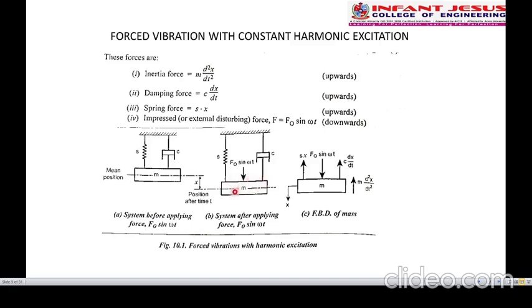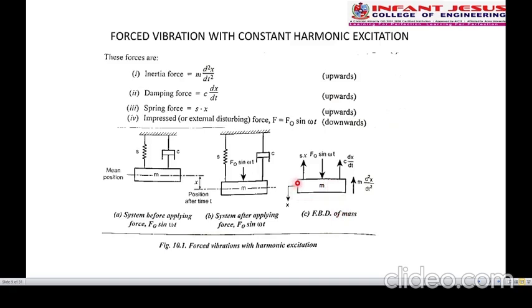Here we are going to solve the forces acting on the mass. We know there is one external force we are applying in the downward direction, and we are going to see what are the other forces acting on the mass. For resolving all the forces, we have to draw the free body diagram of the mass.